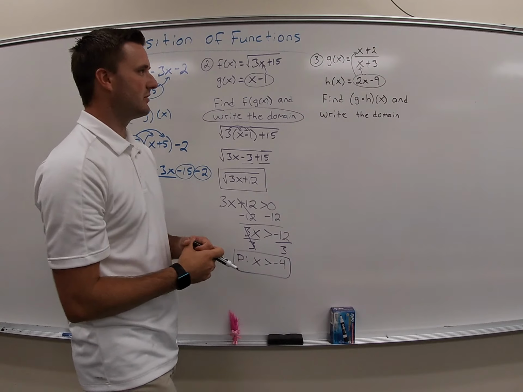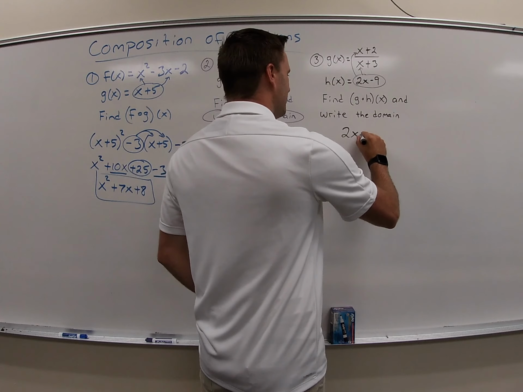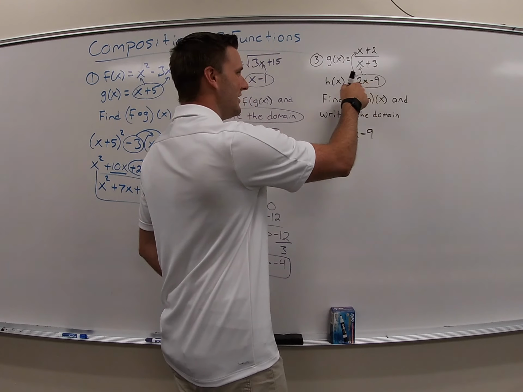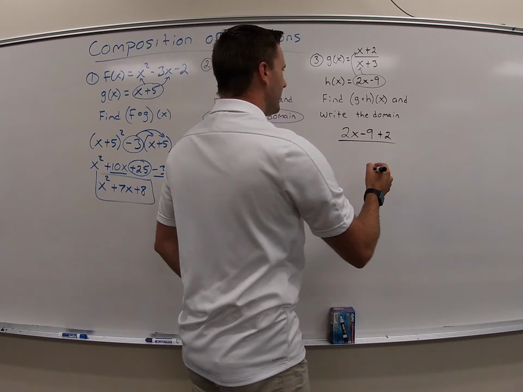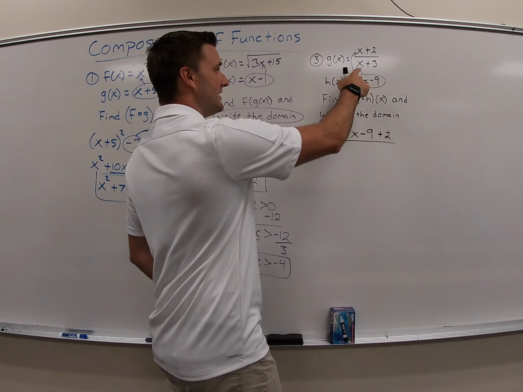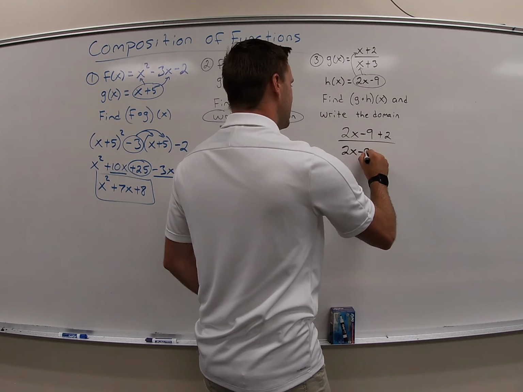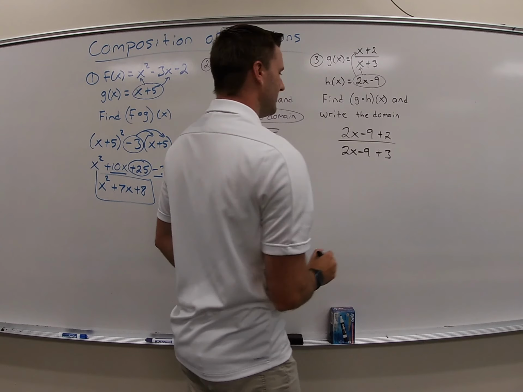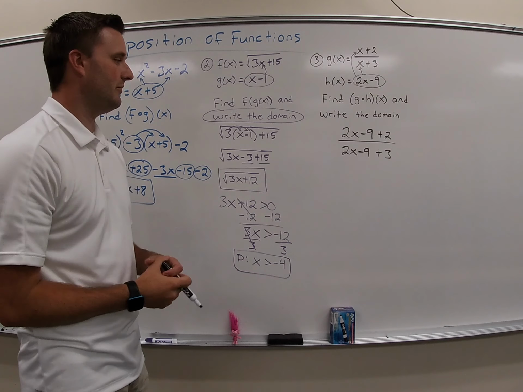So let's go ahead and see what this looks like. So instead of x plus 2, it's really 2x minus 9, this entire h of x function, and then plus 2. Over, instead of x plus 3, I'm going to replace that with 2x minus 9, and then plus 3. So yeah, that's a very interesting equation or composition of functions here.